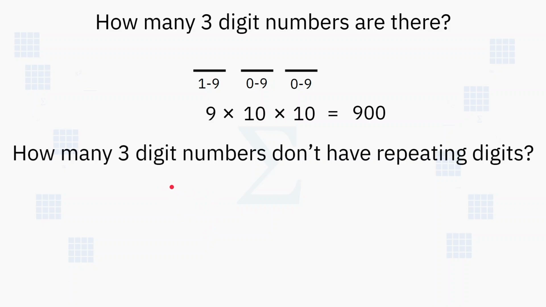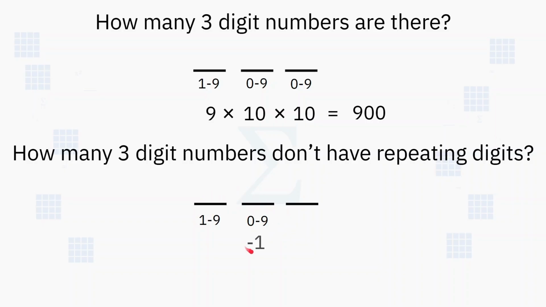The next step would be to find everything that we don't want, which in this case is all of the three-digit numbers that don't have repeating digits. For this, the hundreds digit can be anything except 0 again, because that would be a two-digit number. So in this case, it would be 1 to 9. The tens digit can be 0 through 9, except we have to be careful here, because the tens digit can't repeat the hundreds digit.